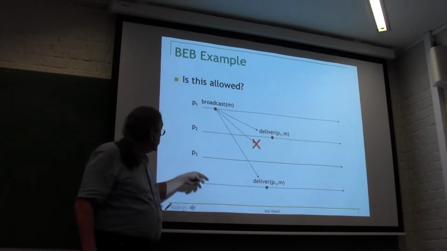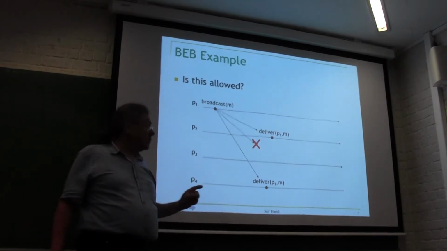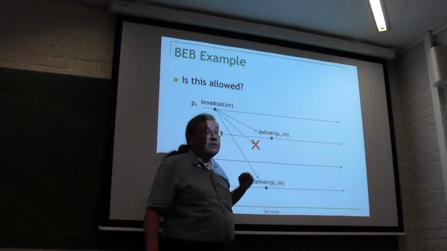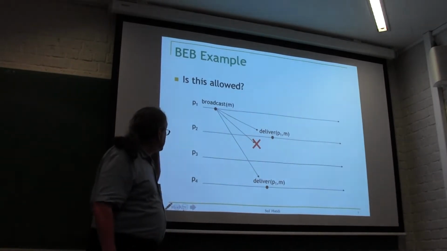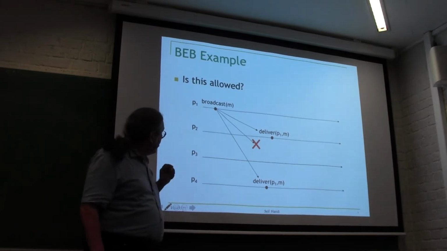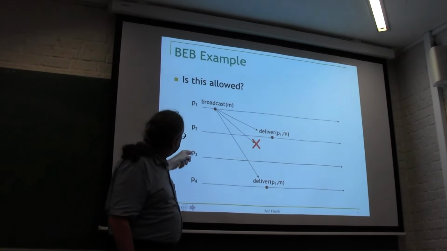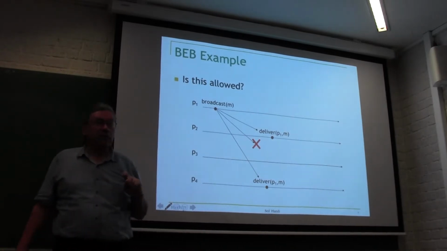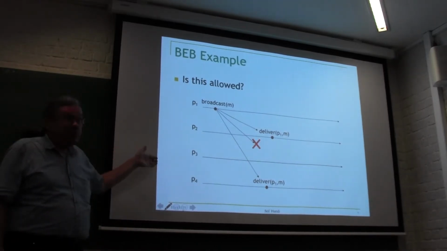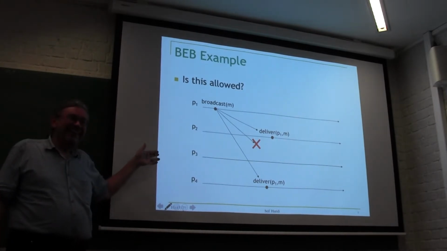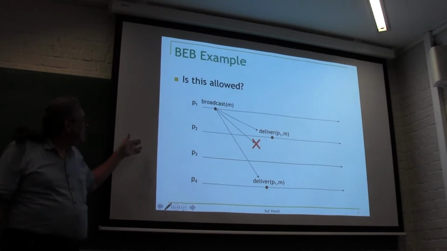So in this case, all the nodes are correct, and anything wrong that happens will be denoted with a red X. In this case, P2 and P4 are delivering the message, but P3 is not. So is this allowed according to the formal specification? No. Why not? Because the message has to be delivered.